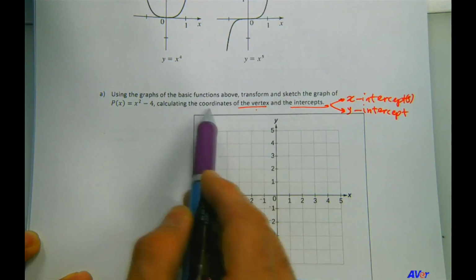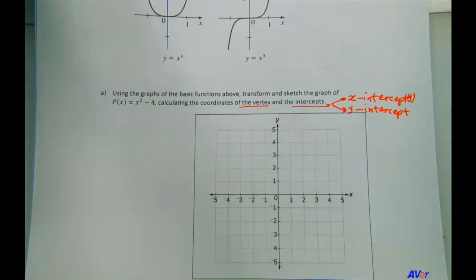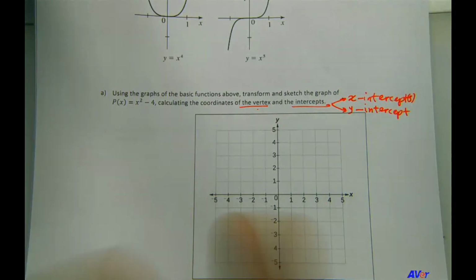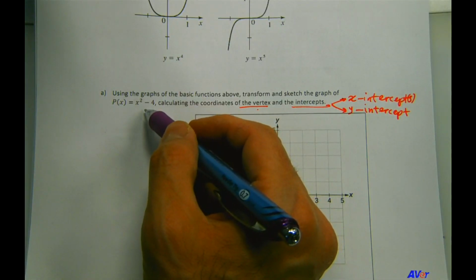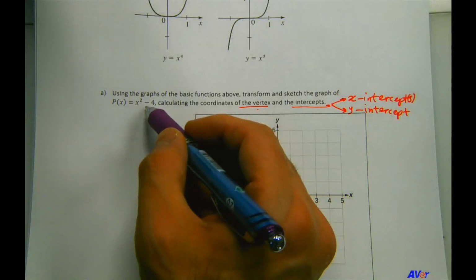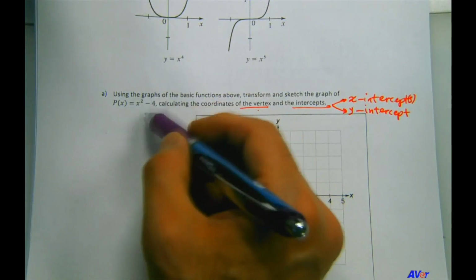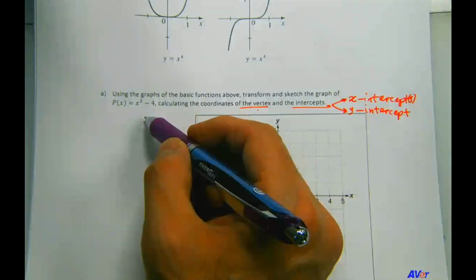So calculating the coordinates of the vertex, well, we learned last time that to calculate the coordinates of the vertex, we have two ways of doing that. Either use the method of completing the square and write this in the standard form, or just use the formula that we had, minus b over 2a, comma, function evaluated at minus b over 2a.